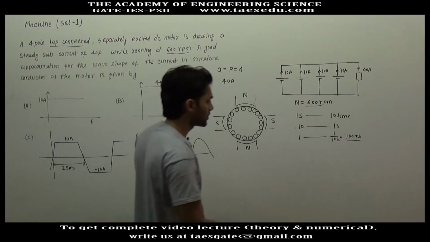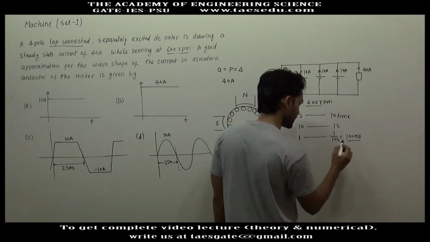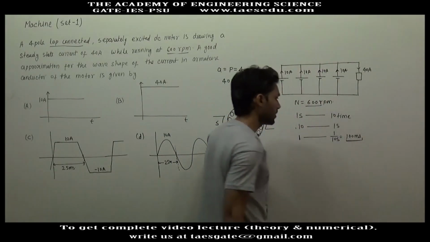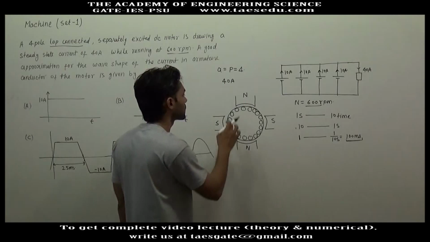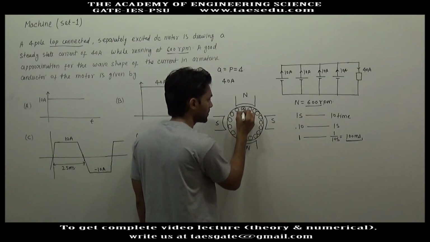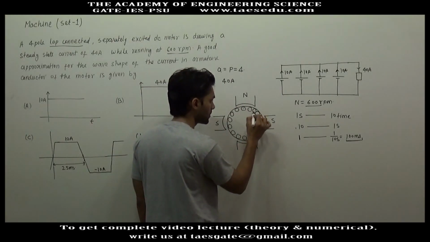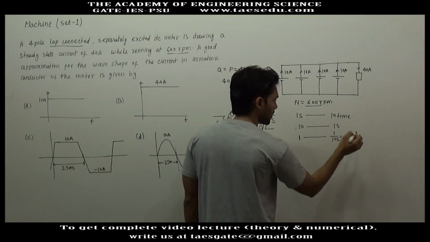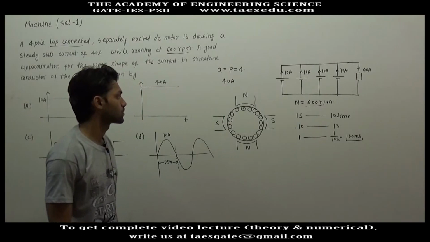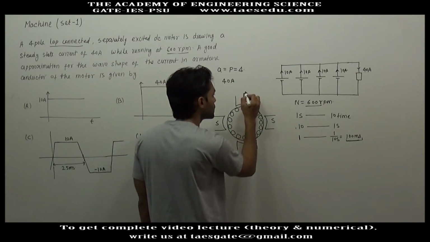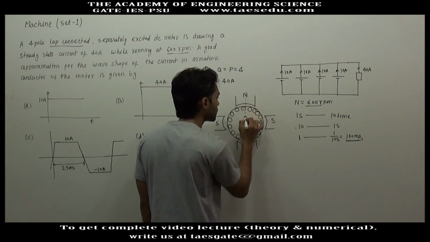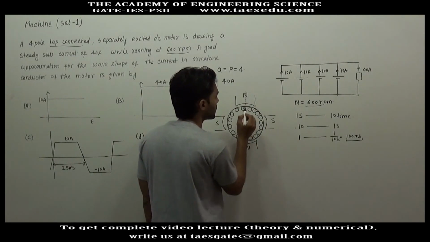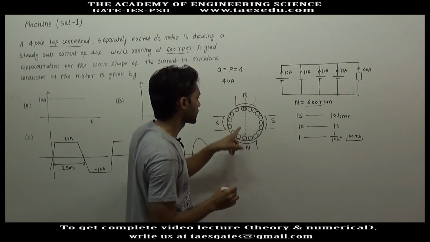Okay, so one rotation takes 100 millisecond. It means, let's say this conductor will rotate and it will again come to the same position after 100 millisecond. What will be the time taken by this conductor? Let's say this conductor is completely in the influence of north pole.